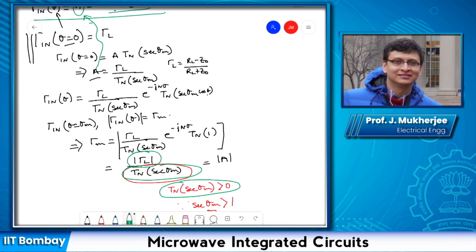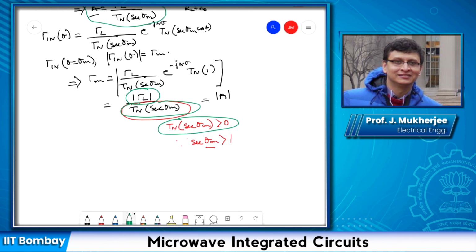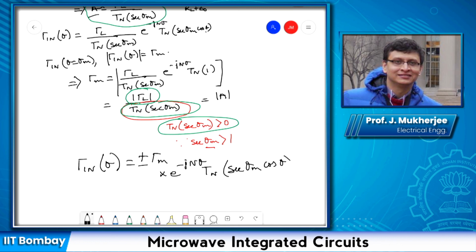So we can write this gamma in theta simply as plus minus gamma m times e raised to minus j n theta times Tn of sec theta m cos theta.